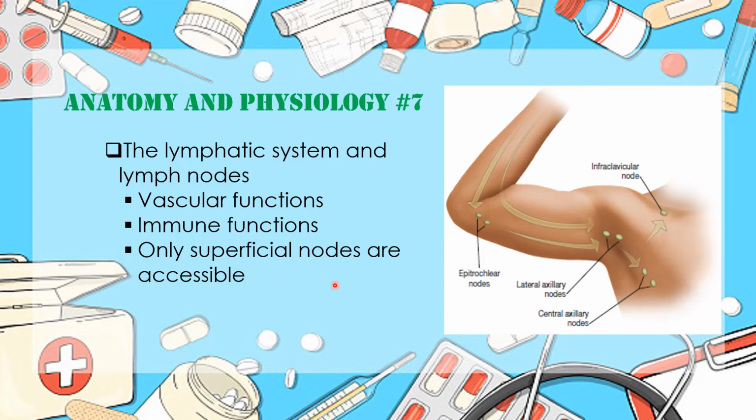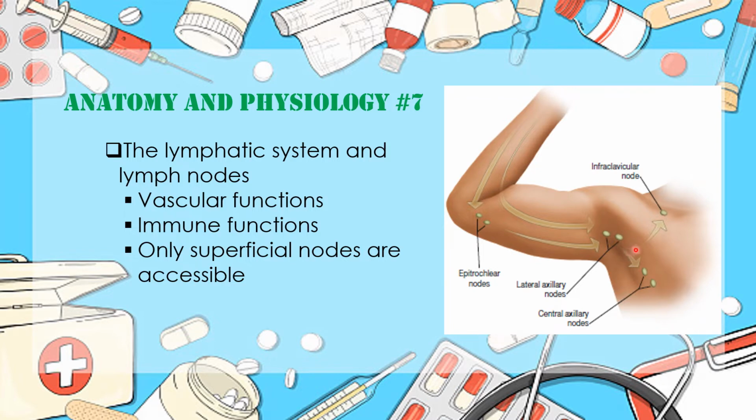So only the superficial nodes are accessible during physical examination. This includes the head and the cervical nodes, the clavicular nodes, the axillary nodes, and the epitrochlear nodes, also the inguinal nodes. So the axillary lymph nodes drain most of the arm.